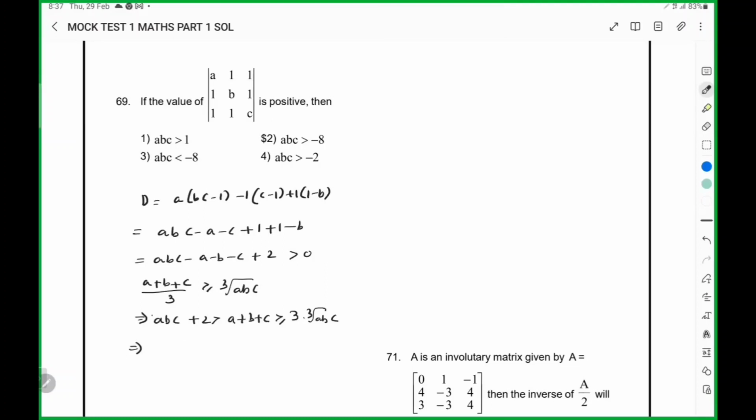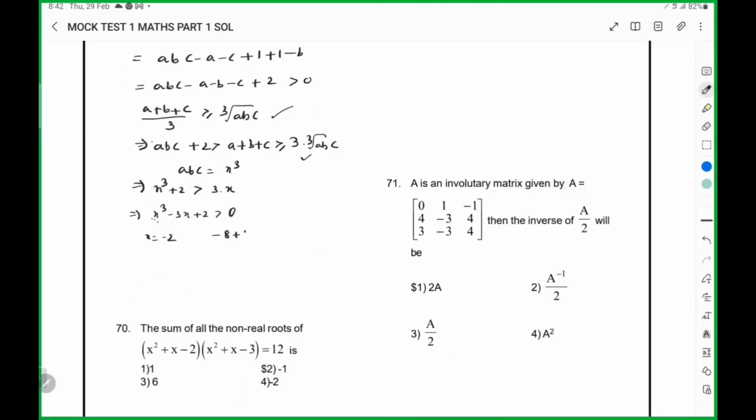So if you take ABC as x cube, we get x cube plus 2 is greater than 3x. X cube minus 3x plus 2 greater than 0. Minus 2 is a factor: minus 8 plus 6 plus 2.